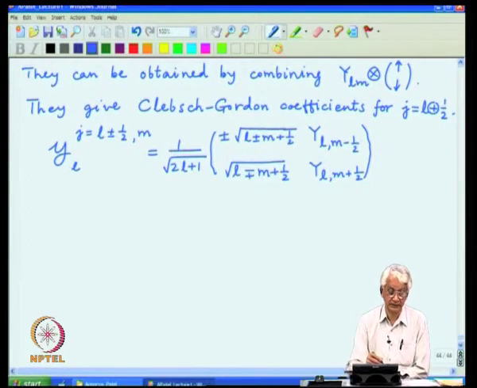This gives the same value of m for the overall function in both these cases. Here the spin contribution is plus half added to this, and here it is minus half spin added to this.